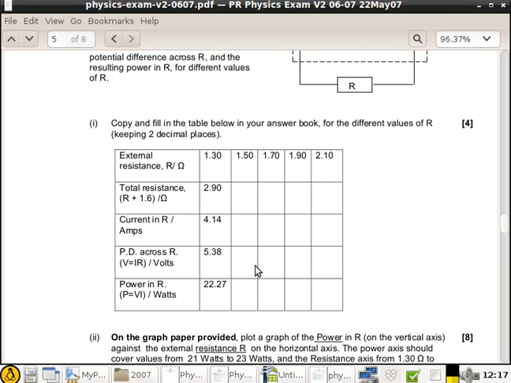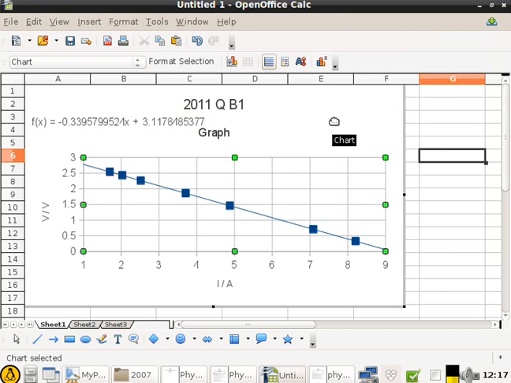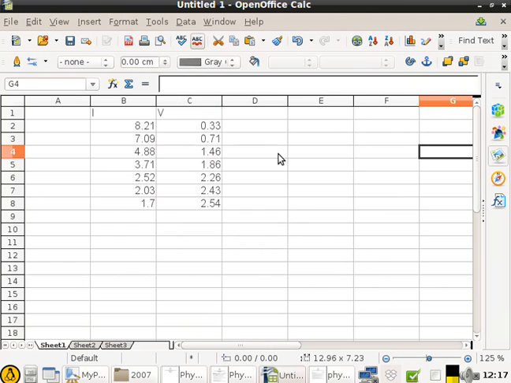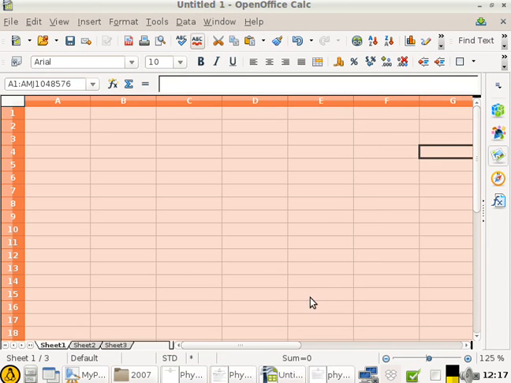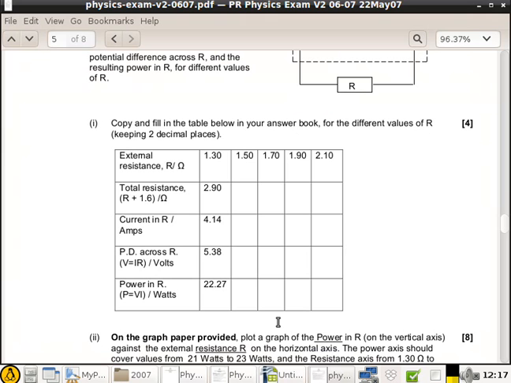I'll make the table here too. Okay. Do you have the numbers written down?